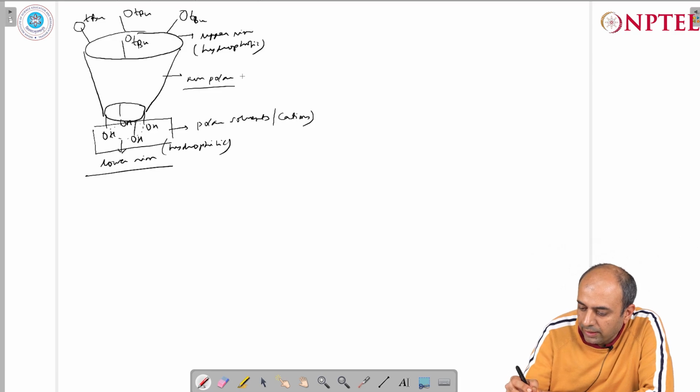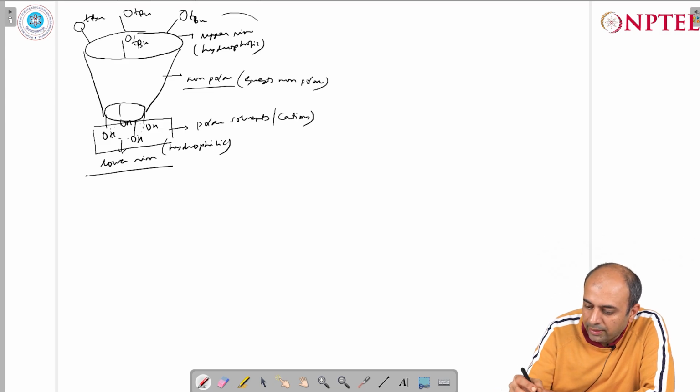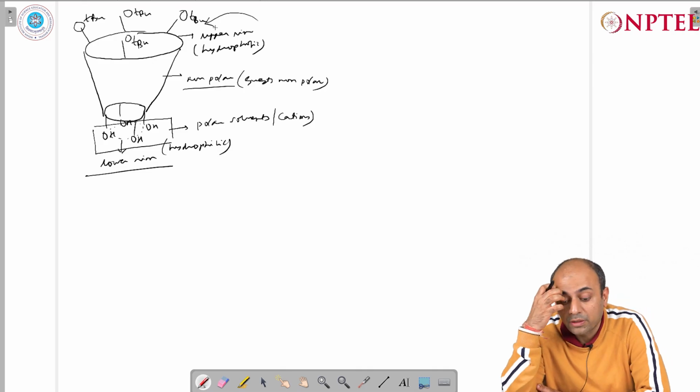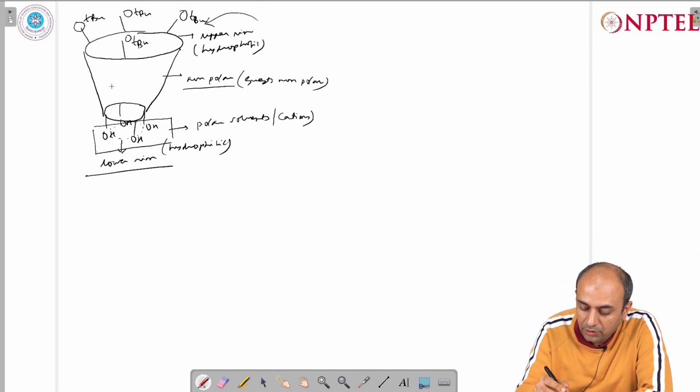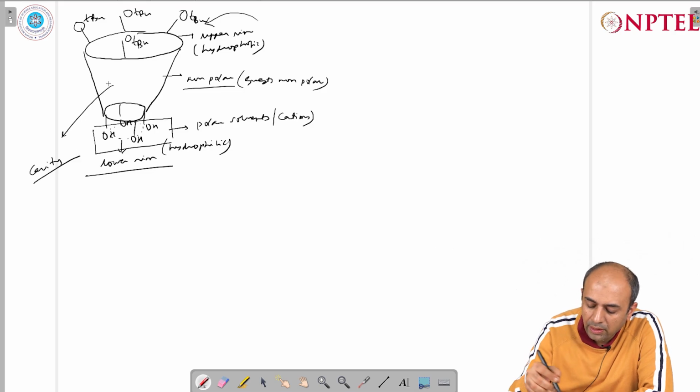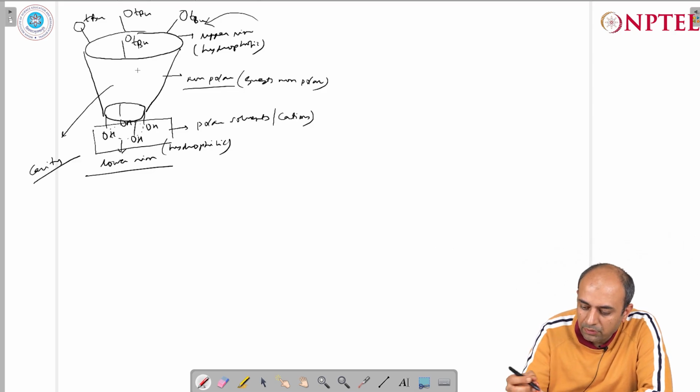So, it can interact with guests which are non-polar in nature, and can further interact with the tertiary butyl groups as well. And this is the cavity which is present, the intracavity. In this intracavity we can now include different kinds of guest.